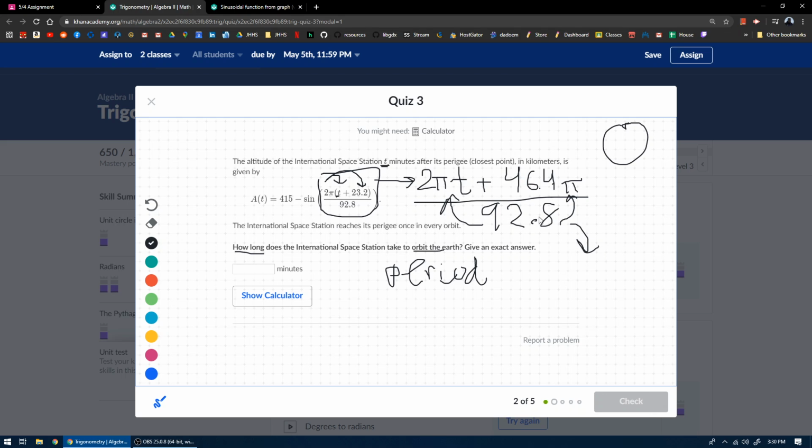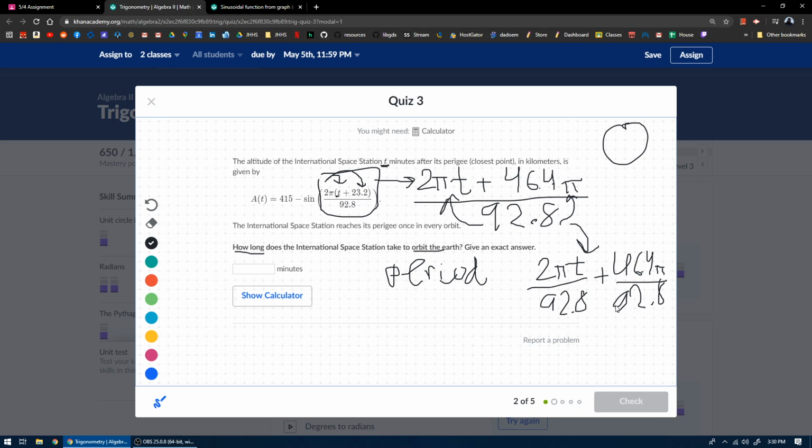So when I divide 92.8 into 2 pi t, I'm just going to write this out: 2 pi t divided by 92.8, plus 46.4 pi divided by 92.8.